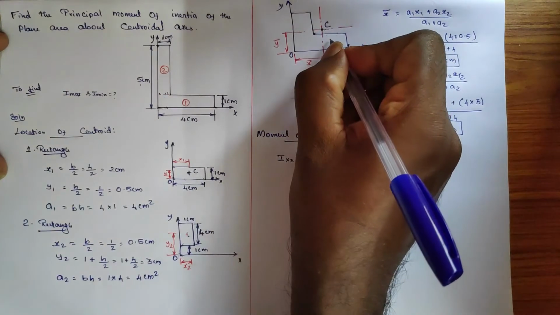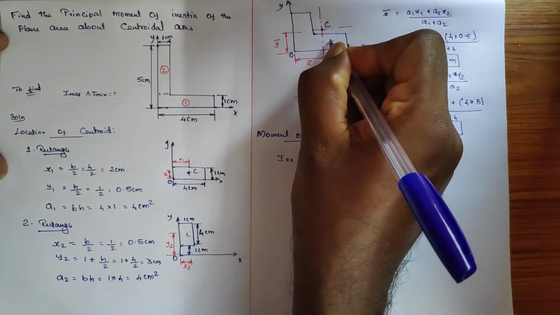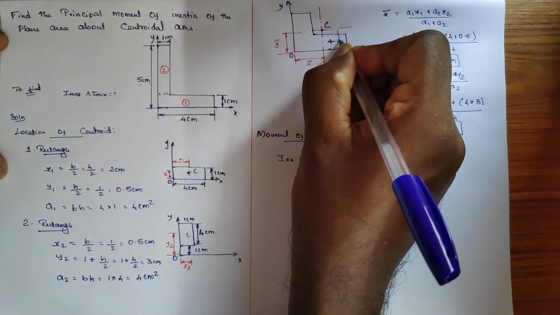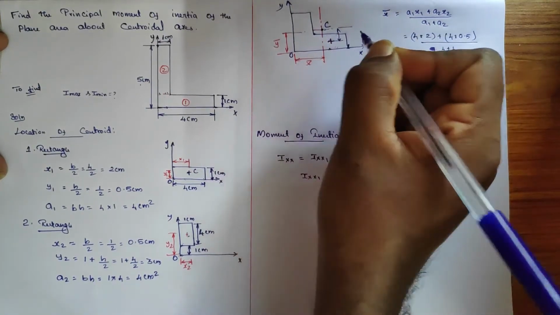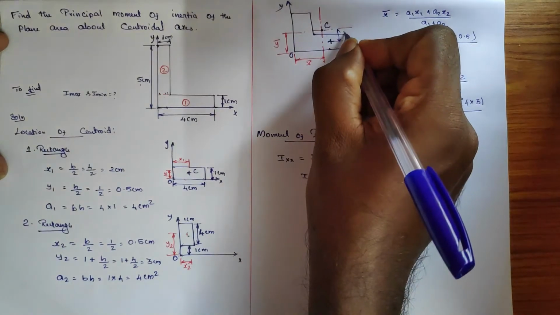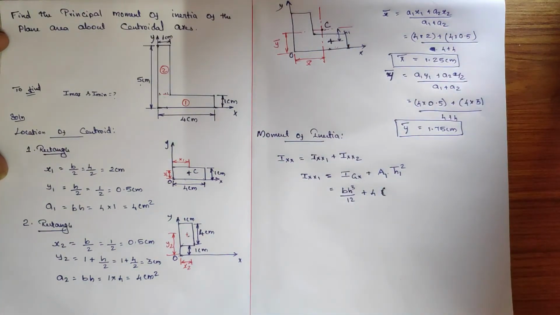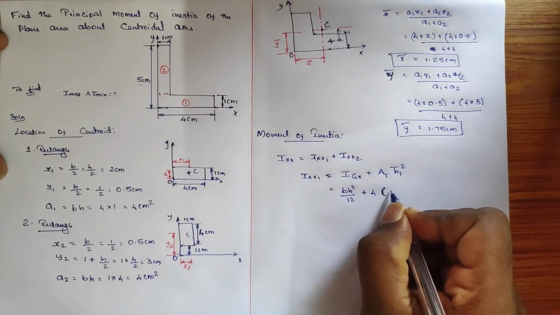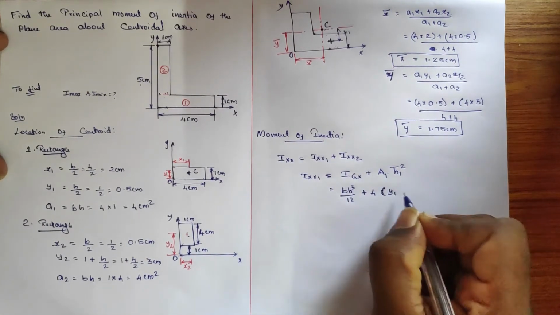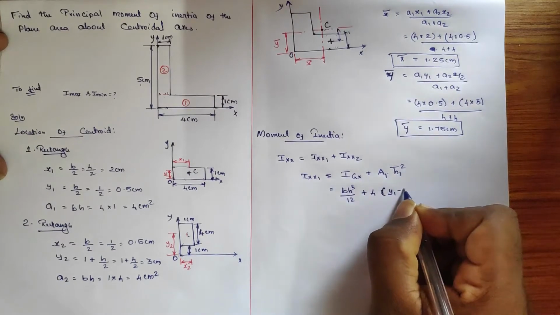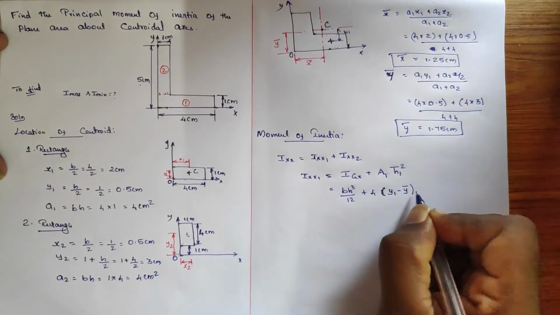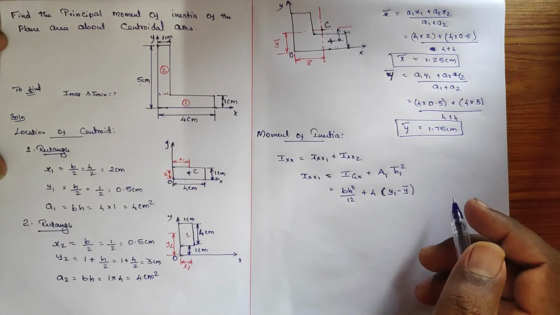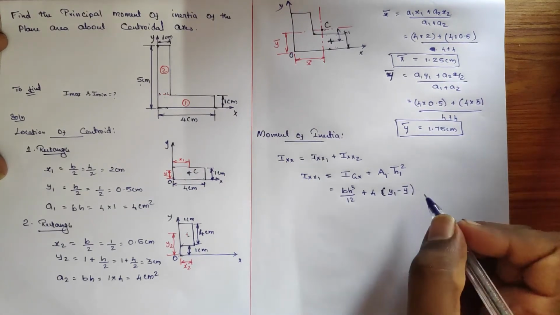For the first component, somewhere here it will be the centroid, approximately here. So this distance is nothing but h1, and that distance we are going to calculate. So here it will be y1 minus y bar. Okay, fine.